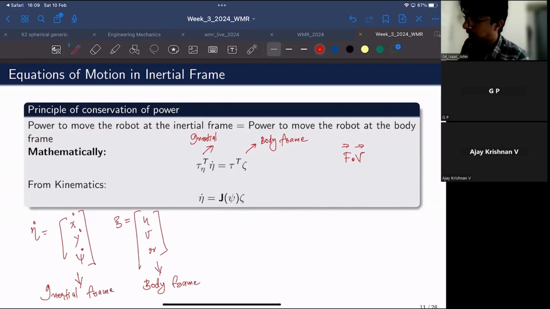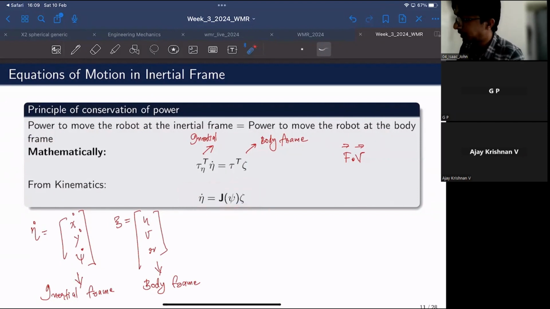Our intention is to map between tau eta and tau. What you have done is derive these equations of motion in terms of tau in the body frame. If you want to find the torques in terms of the inertial frame of reference, how do you do that? You also know from kinematics how to map the velocities from the body frame to the inertial frame using the Jacobian transformation.